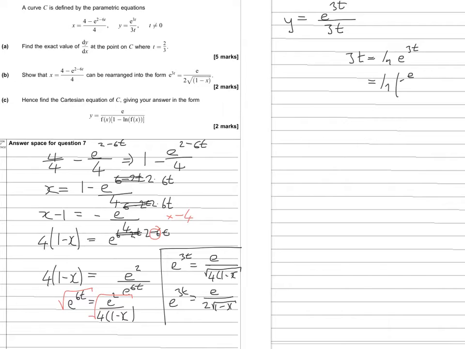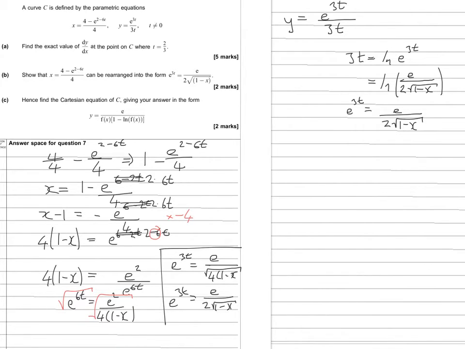So that is equal to ln e over 2 root 1 minus x. And e to the 3t equals e over 2 root 1 minus x.